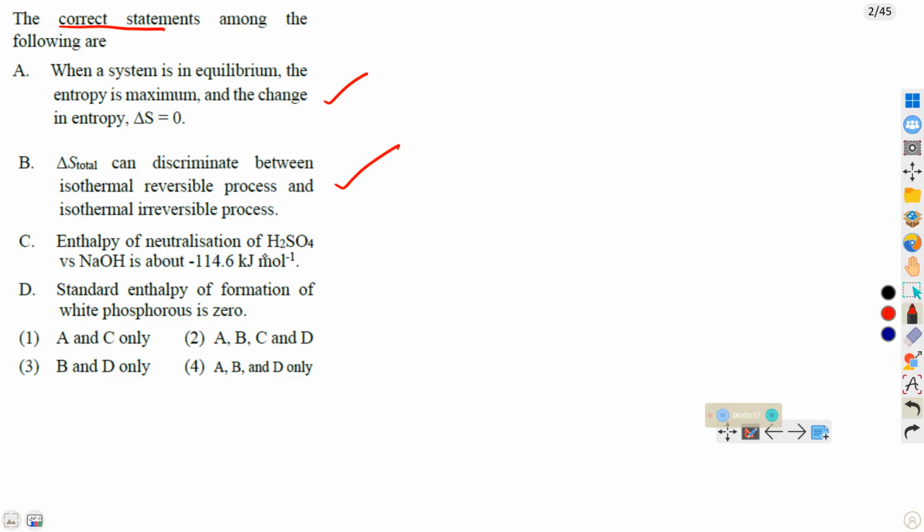Enthalpy of neutralization of H2SO4 versus NaOH is about minus 1146 kilojoule per mole. This is wrong. The value is minus 57.3 kilojoule per mole. Standard enthalpy of formation of white phosphorus is 0. Correct. So A, B, D are correct statements.